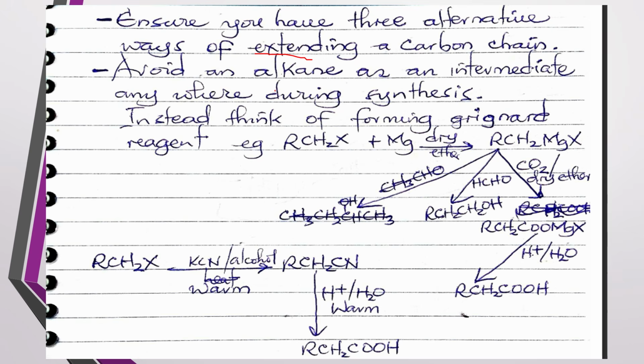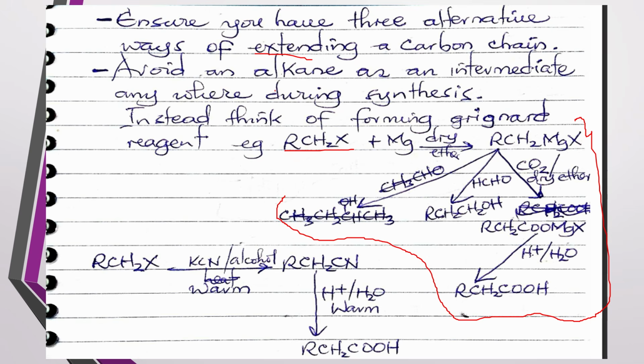Some of the most common ways for expansion of chains, one of them is going to be Grignard's reagent. Ensure that you have mastered it properly and how to use each and every specified reagent.